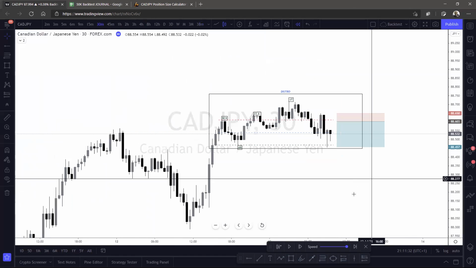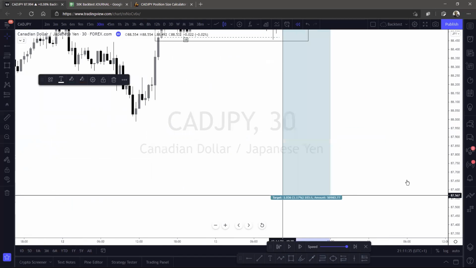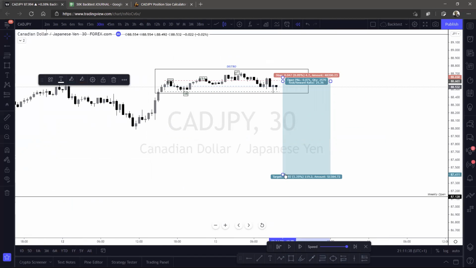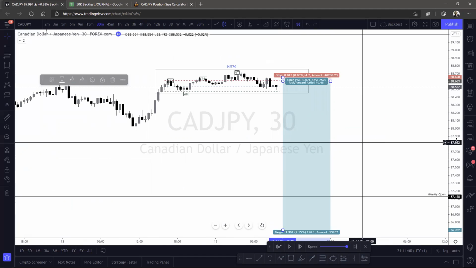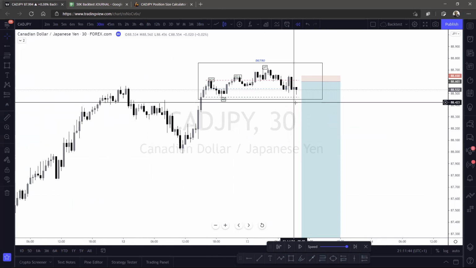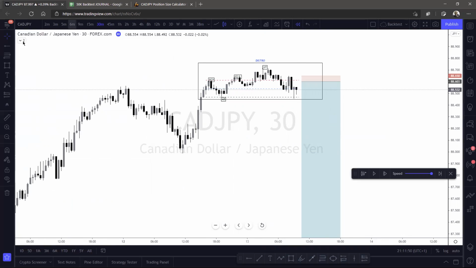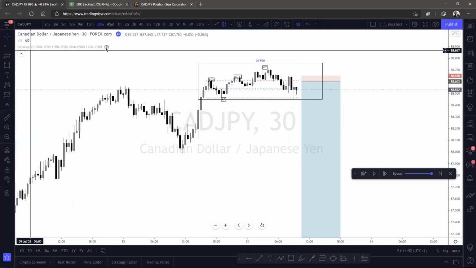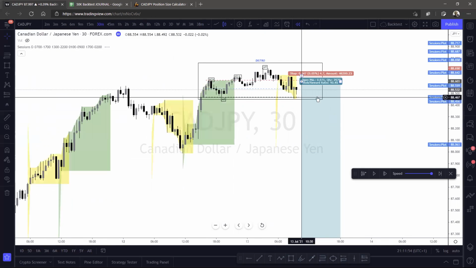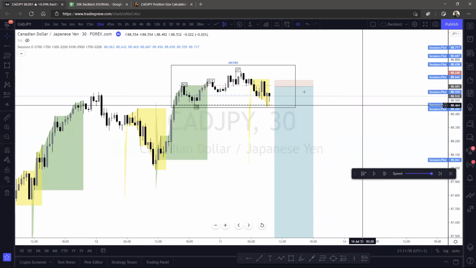And this would come down into, right, let's see the timing where we are. Okay, 9 o'clock. So this is okay. Ideally this could be a play for New York, which is great.